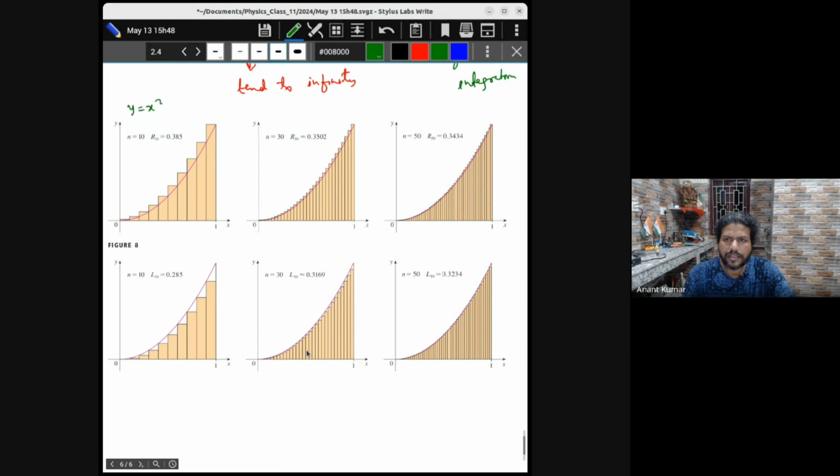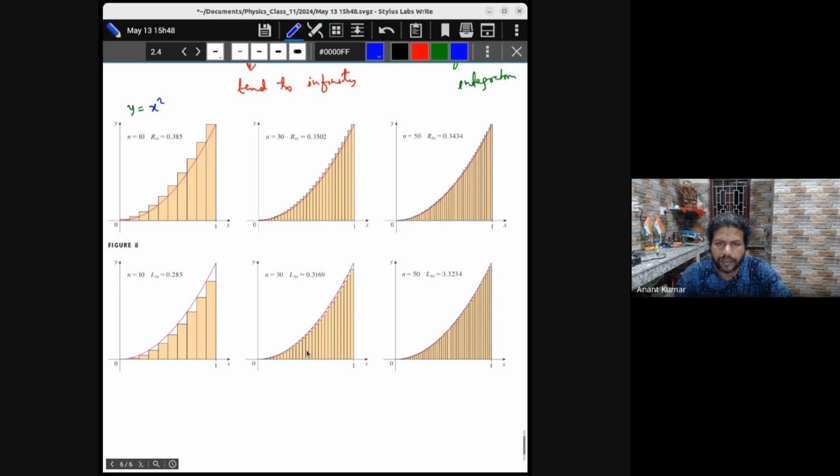In this case, instead of taking t as the independent variable, the independent variable is x and the dependent variable is y. So this is y equal to x square, the graph, which is actually a parabola, as we've just been saying, quadratic. This is the red curve that we have been shown over here.